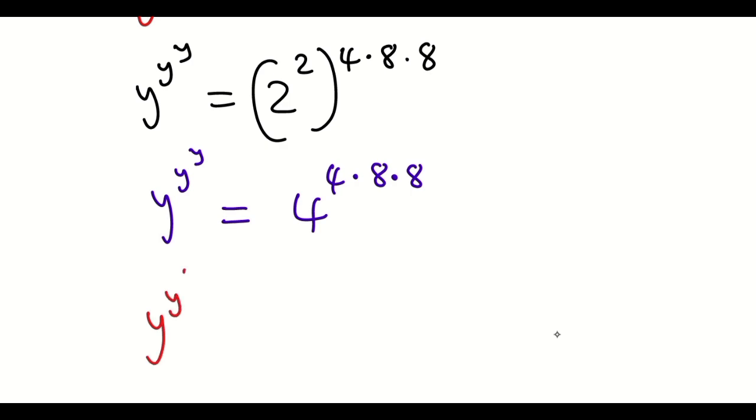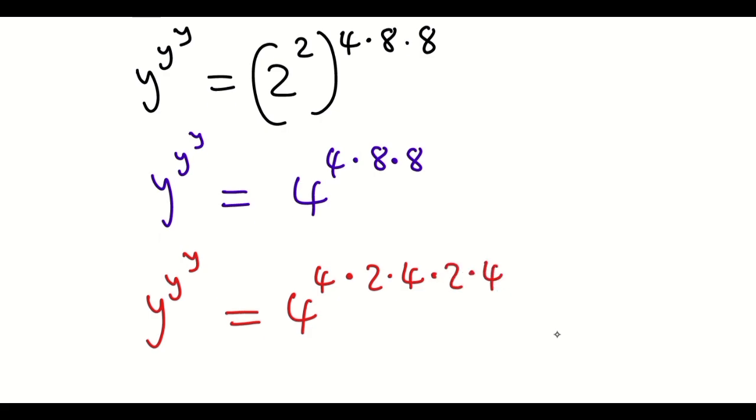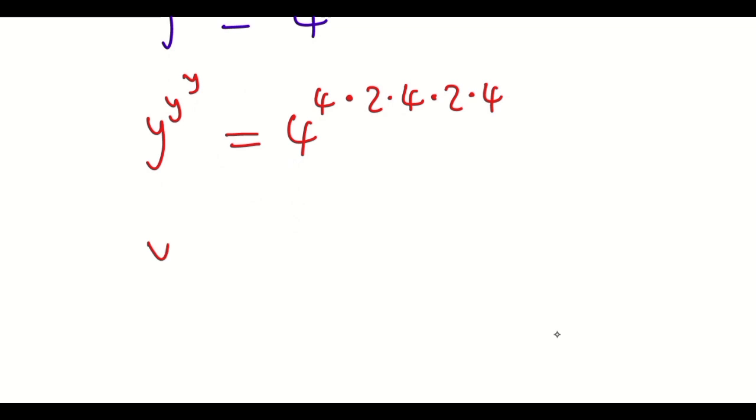y raised to the power of y raised to the power of y is equal to 4 raised to the power of 4. Then this 8, I will make it 2 times 4. And again, let's even make this 8 2 times 4 as well. Okay. So that will be y raised to the power of y raised to the power of y is equal to what? I'm going to rearrange everything now.